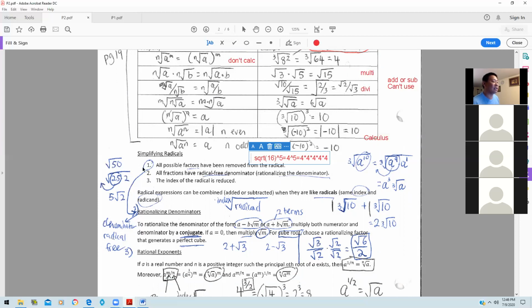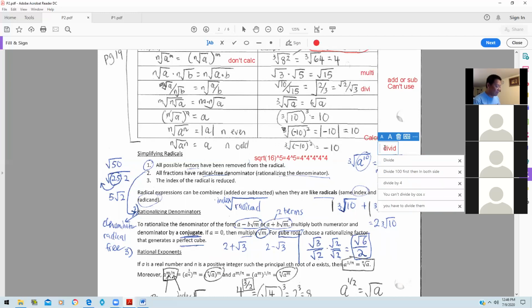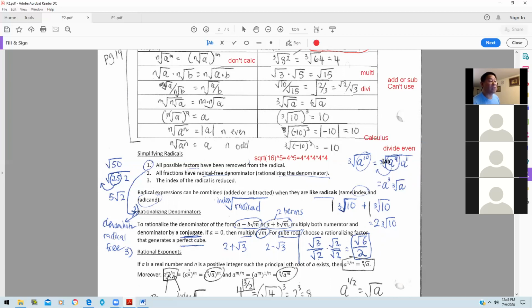That was numbers that we did just now. For variables, if you have a variable exponent like 10 here, then for a cube root in this case, you have to find a power that is very close to this 10. In this case, it will be 9. Why 9? Because 9 is a perfect cube. How do we know if a variable power is a perfect cube? It divides evenly. So 9 divided evenly by 3, that's why it's a perfect cube.